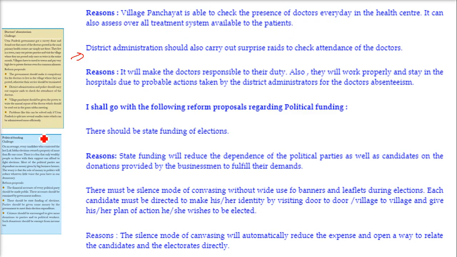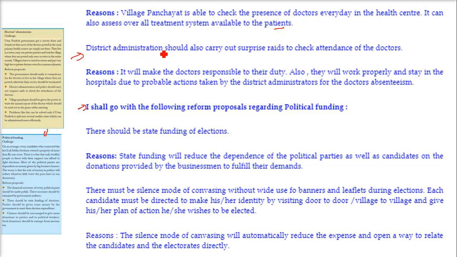So let us talk about this one. And one more thing: why we said the village panchayat, let me give you the reason before we go ahead to the second part. See, the village panchayat is able to check the presence of the doctor every day in the health center. It can also assess the overall treatment system available to the patients, that is, the villagers.